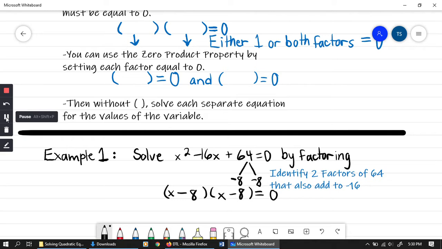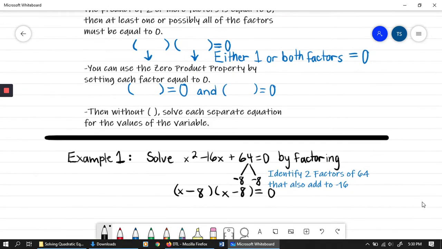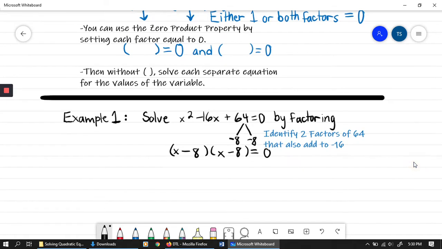Now that we've got these two factors, we use the zero product property by setting each factor equal to 0. Once you have the two separate factors set equal to 0, you solve each equation.